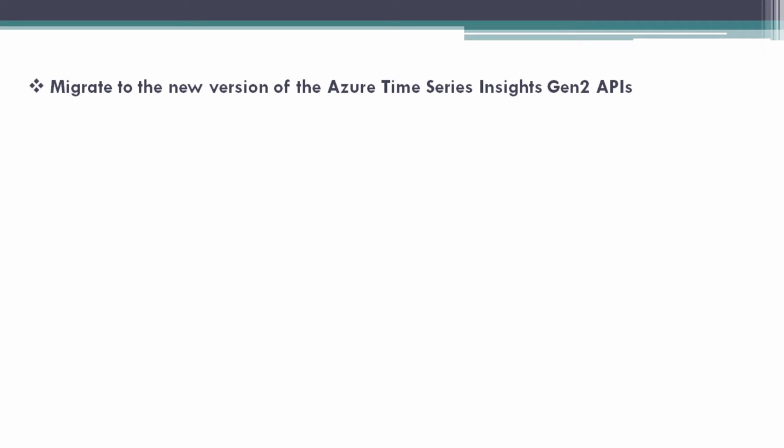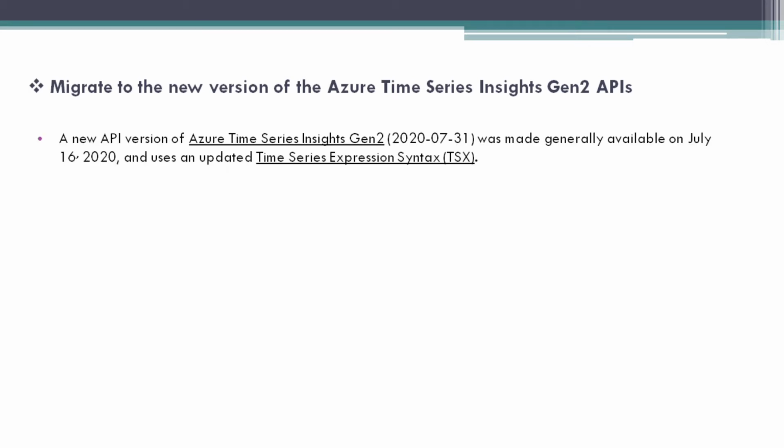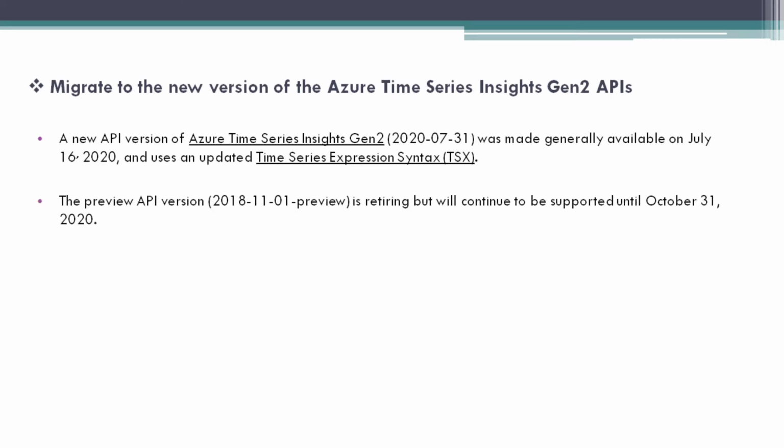Now you can migrate to the new version of Azure Time Series Insights Gen 2 APIs. A new API version for Azure Time Series Insights Gen 2 was made generally available on July 16, 2020 and uses an updated time series expression syntax, TSX.